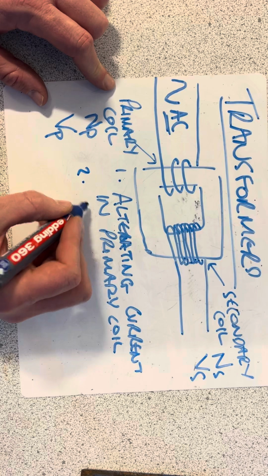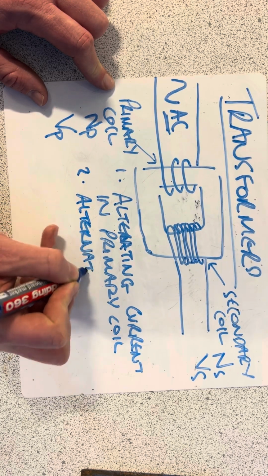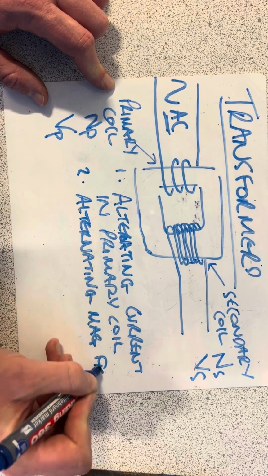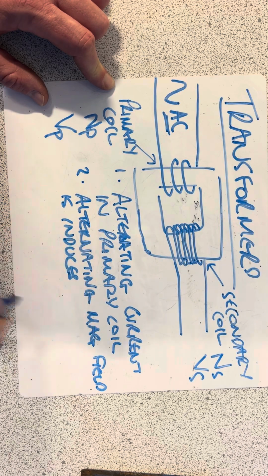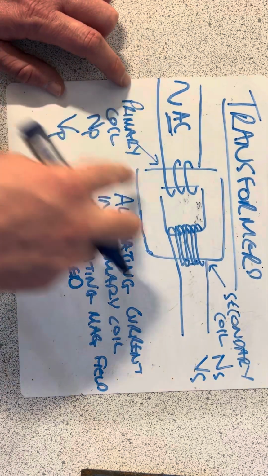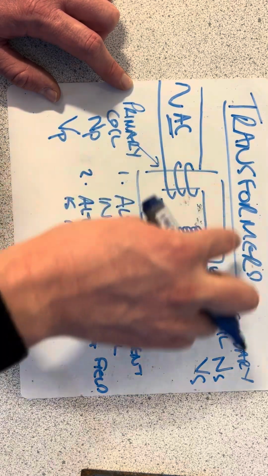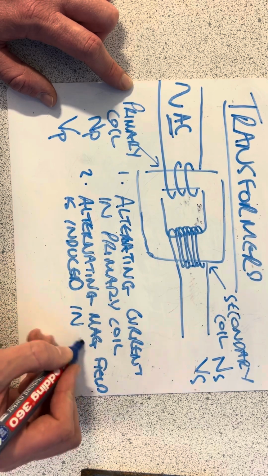So number 2 is that an alternating magnetic field, I'm just going to write mag field, is induced around the wire, but also because iron is a magnetic material, it's going to be induced in that core, induced in core.